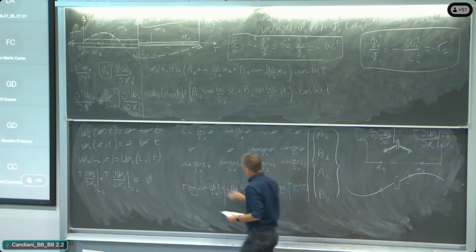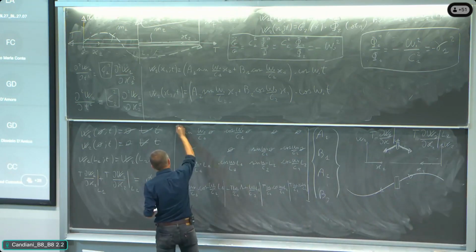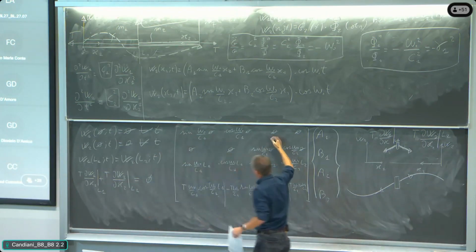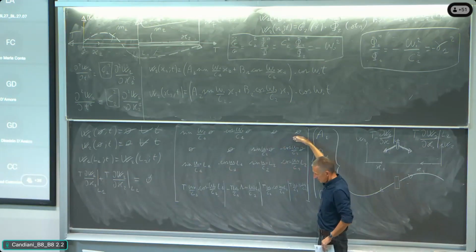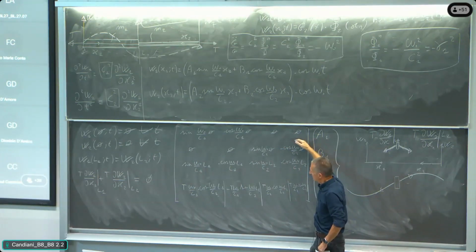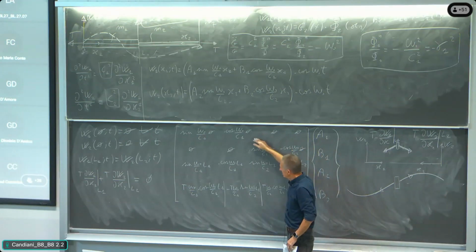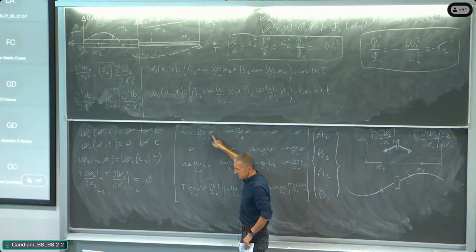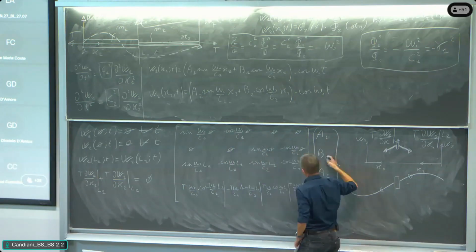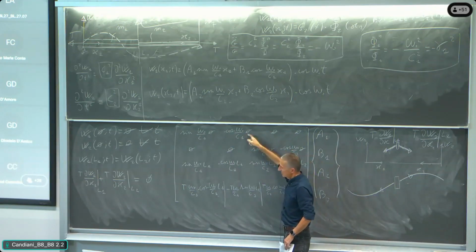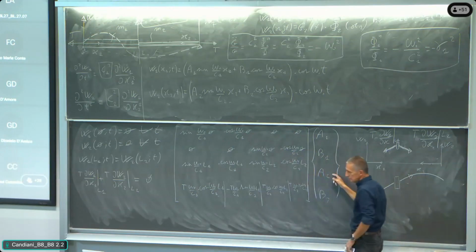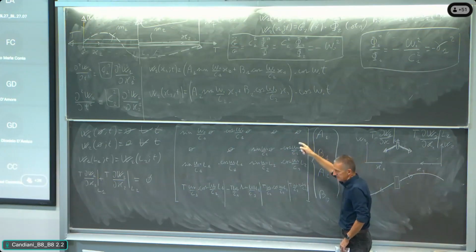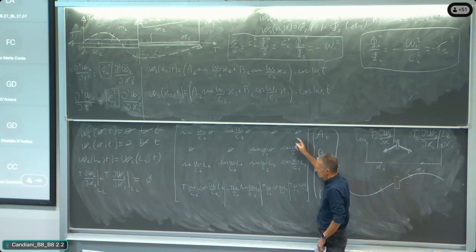So here it is better written, but we are making comments. So first, this is the w1 calculated at the location 0. That is A1 multiplied by sin(omega/c1 times 0) plus B1 cos(omega/c1 times 0) plus A2 that must multiply 0 plus B2 multiplied by 0.